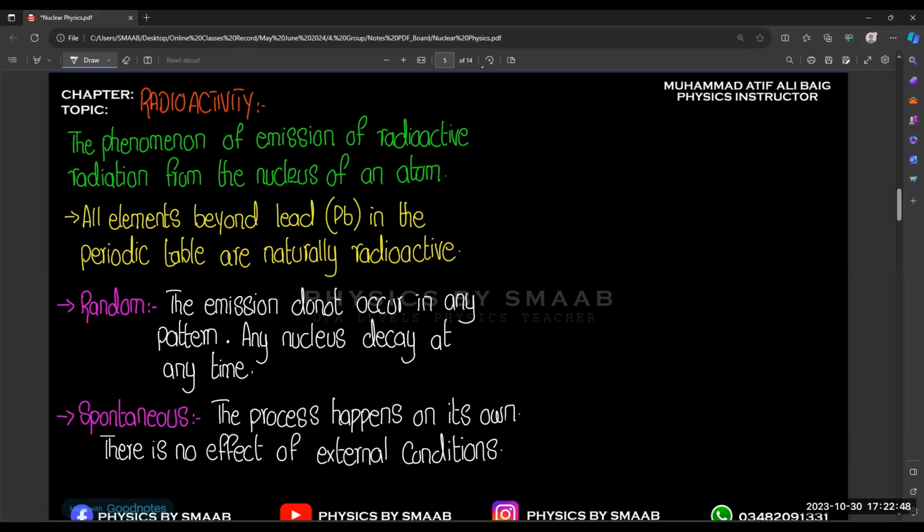But radioactivity cannot be affected by any change in temperature, pressure, or anything in the atmosphere, because it is a natural process, it happens on its own, and it may decay at any time. There is no specific pattern and no effect of external conditions. Because if it were affected by external conditions, definitely there would be some pattern of this process.